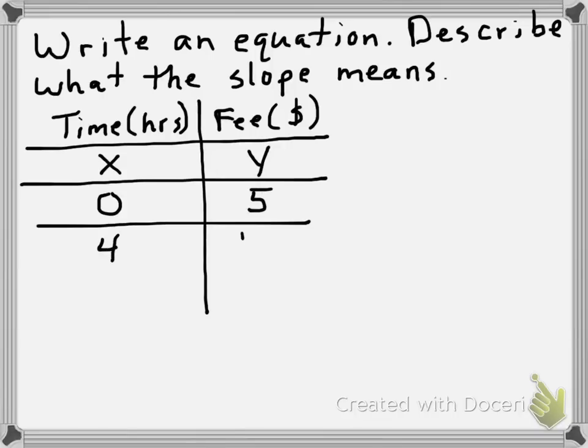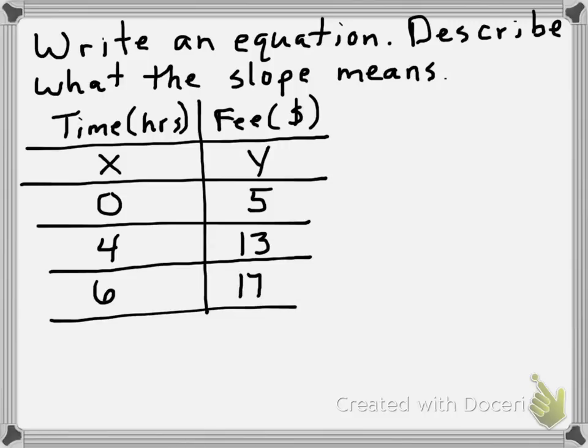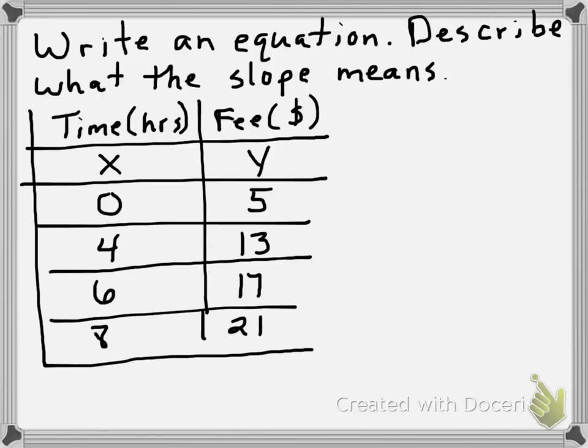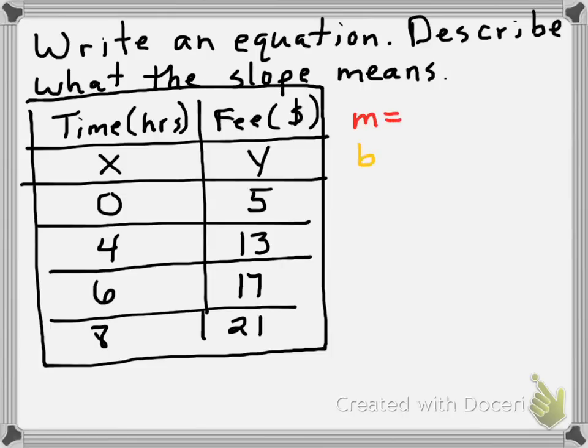So the table is giving you x is time, number of hours, and y is number of dollars. You still have to find m and b.